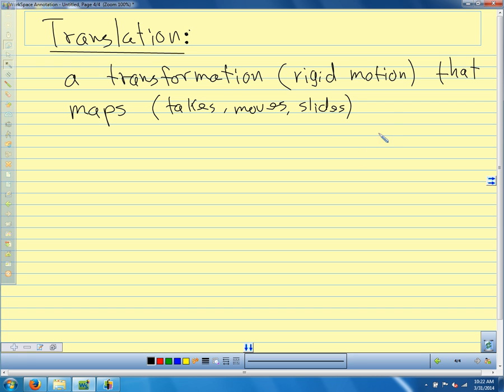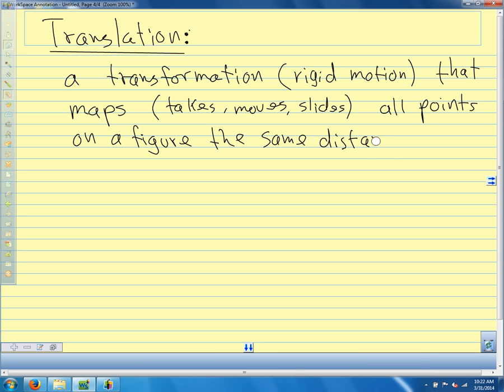That maps all points on a figure the same distance and the same direction. So that's how we're going to define a translation.